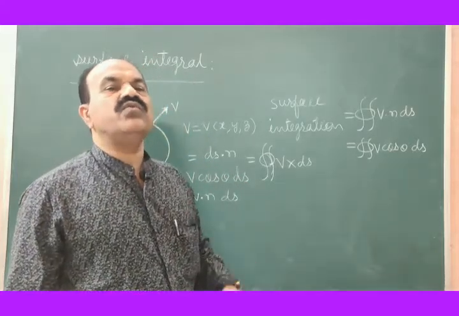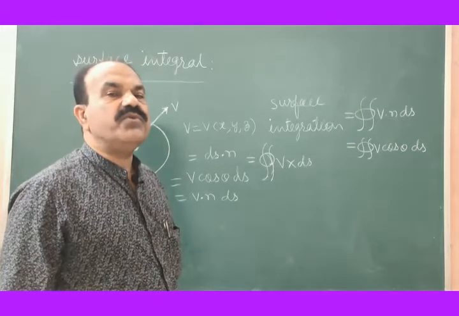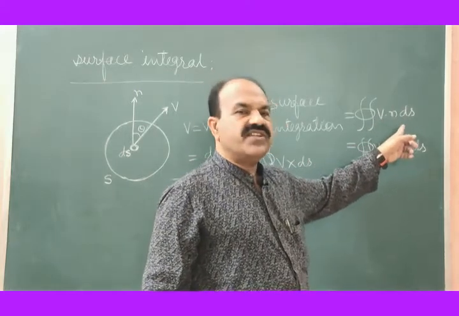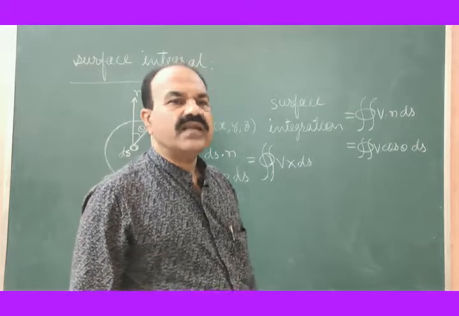This is also true for a scalar function. How could this be true for a scalar function? V is a vector, N is a vector. What is the dot product of these two vectors?